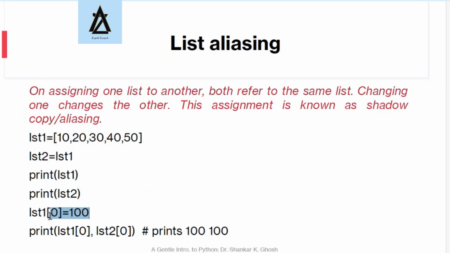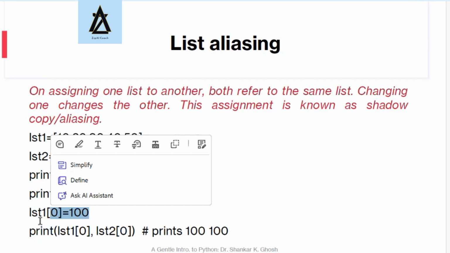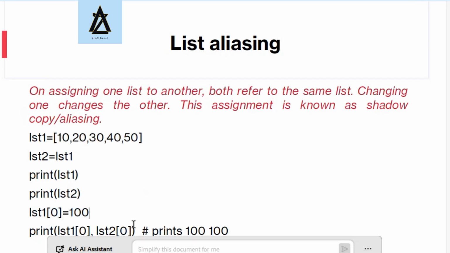Then if you change one list, you will see the other one is also changed. Therefore, those who are very familiar with pointers and would like to ask why pointers are not here, and what features replace pointers, this is a good example which is incorporated in Python.